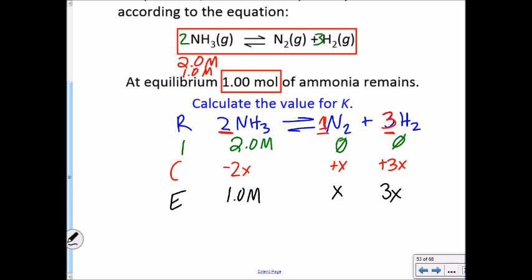Yes. From 2 to 1, the change was 1, but it was 2 times x, so 2x equals 1, and we can figure out x. x happens to be 0.50, correct?